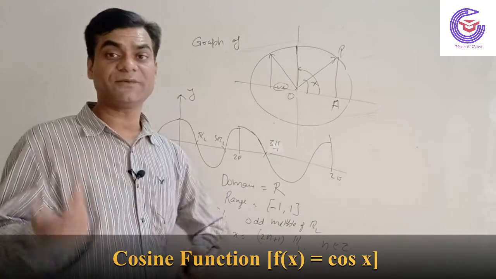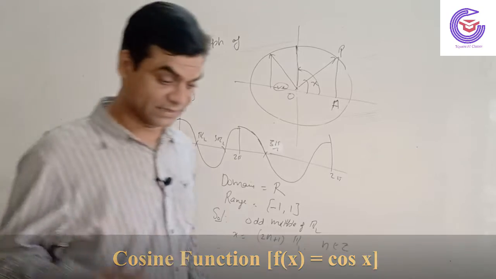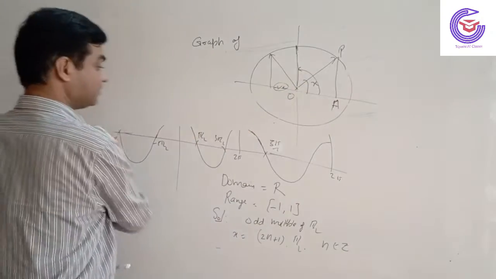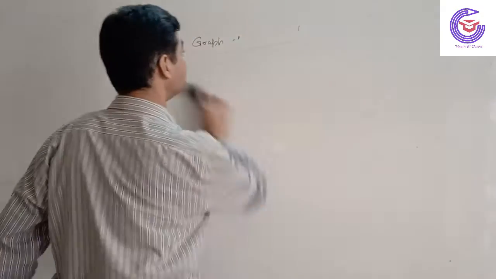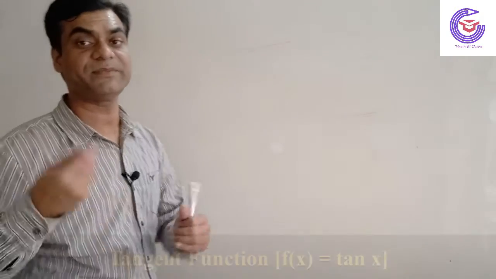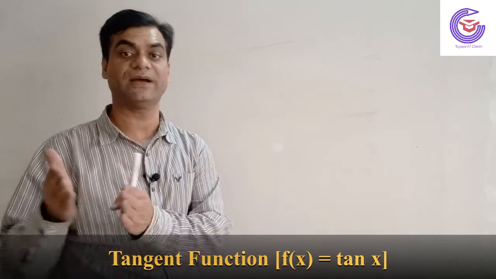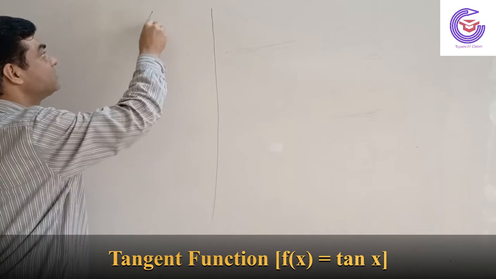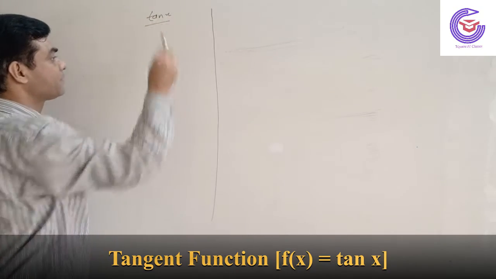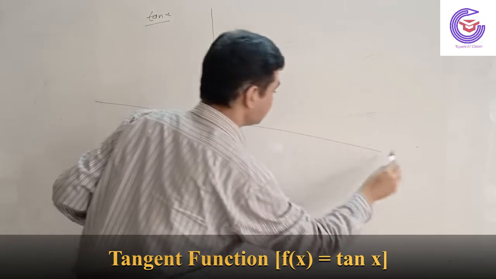Okay, now the third function is tan x. You can plot tan x by remembering the values at a few angles. So I'll plot that. This is your tan x.